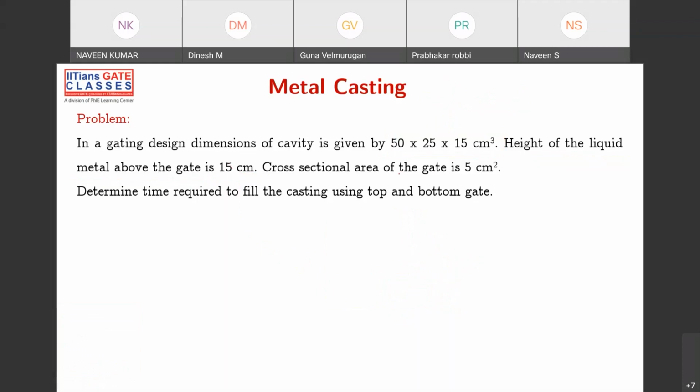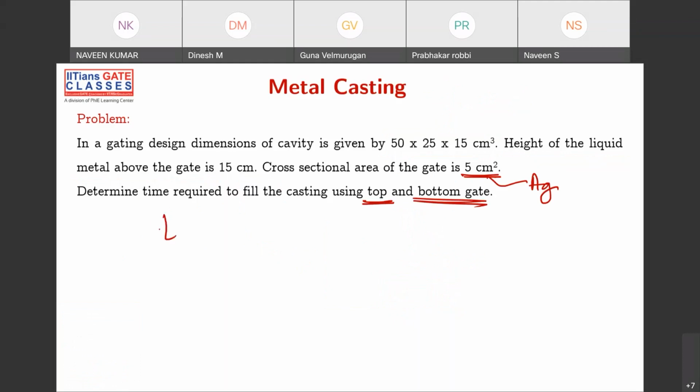And the cross sectional area of the gate, this is AG, area of gate. Now they are saying determine the time required to fill the casting using top gating system and bottom gating system. So what is the formula for top gating system?